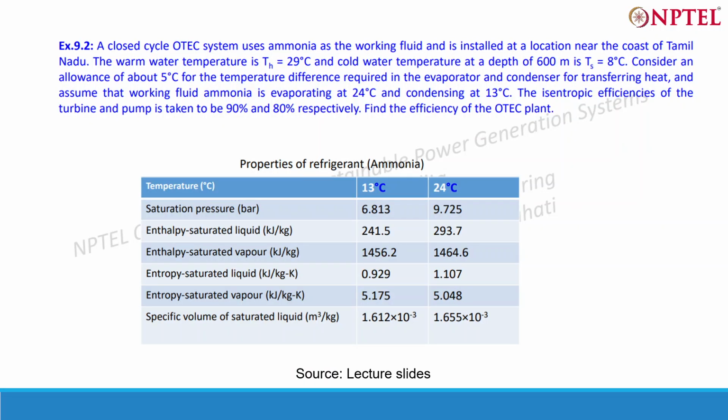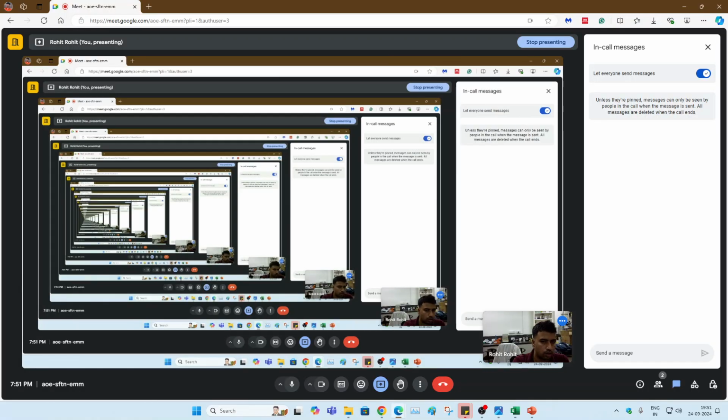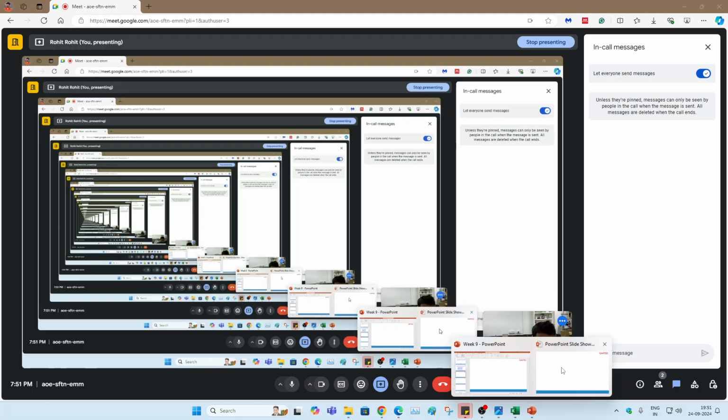So first thing we have to do is to draw a Rankine cycle, so that we can understand what's happening inside. So let's take a blank slide here. Now draw the TS diagram.